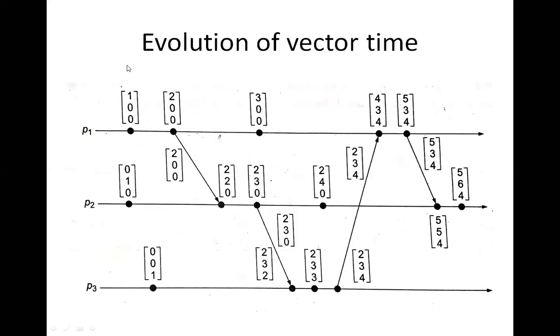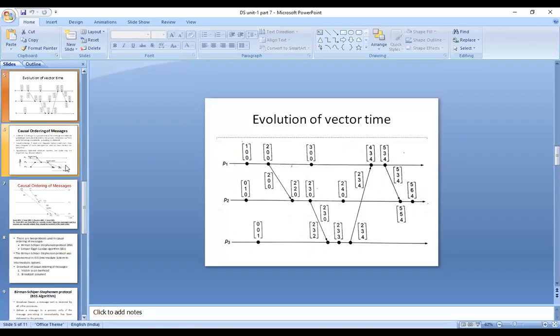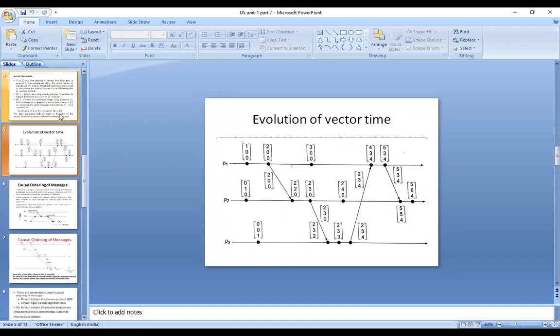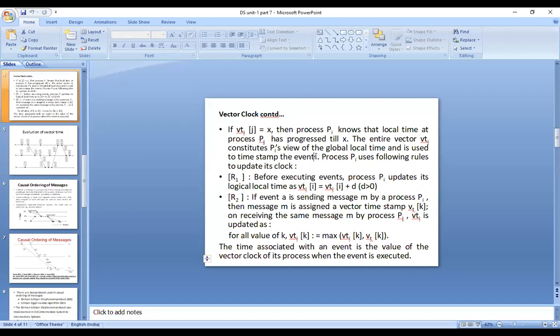Now, suppose this is the evolution of the vector time. We have three processes, P1, P2, and P3.